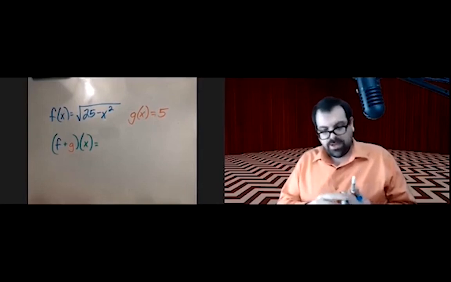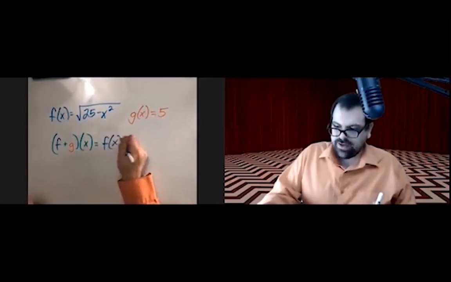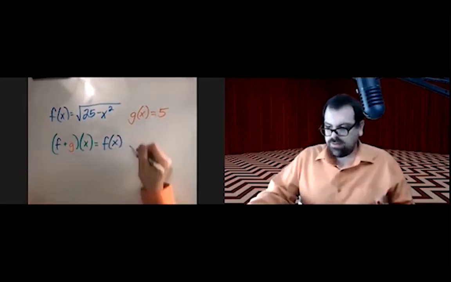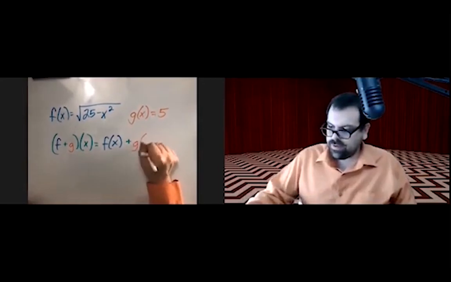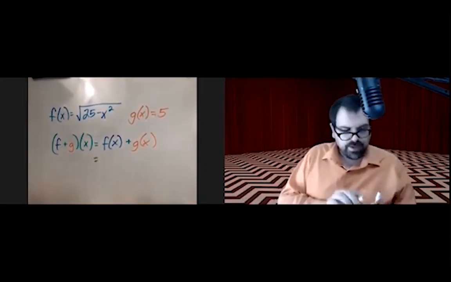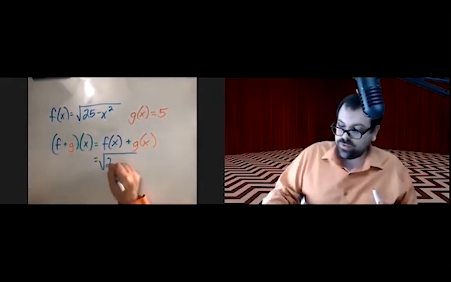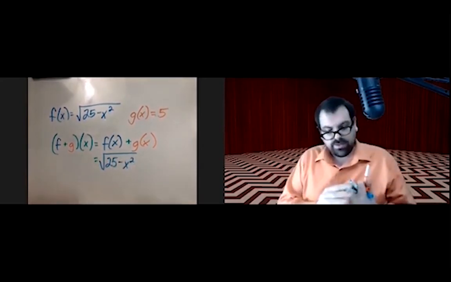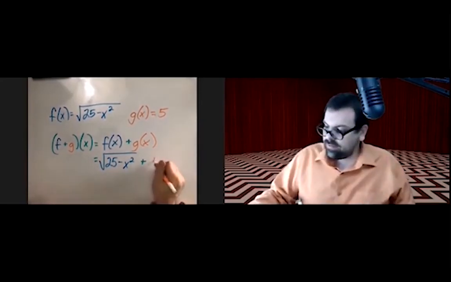Well, that would be f of x plus g of x. It would be the square root of 25 minus x squared plus 5.